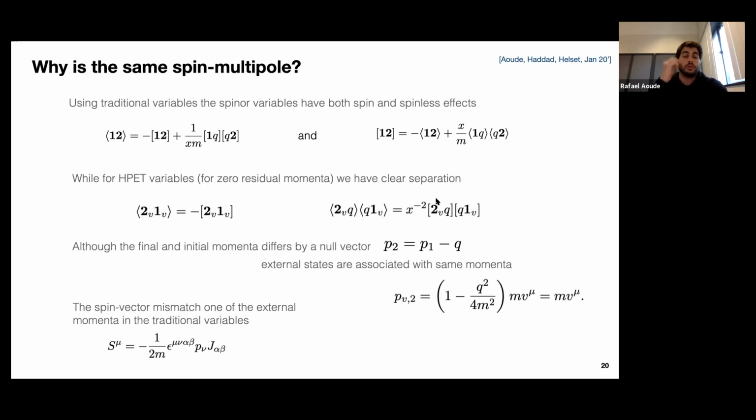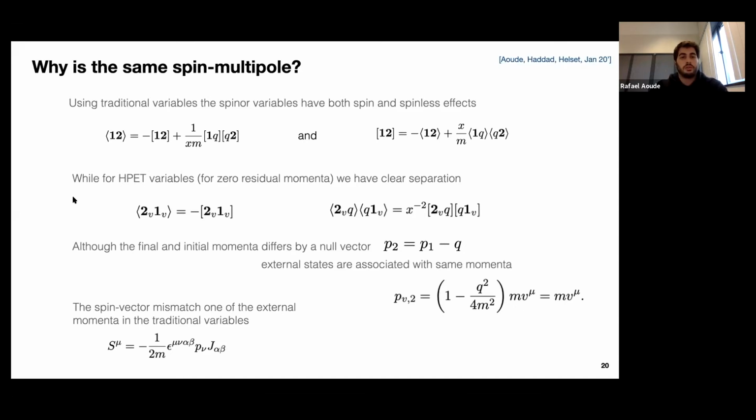Another way to see this is that even though particle 1 and particle 2, in this three-point amplitude, differ by a null vector, the external states, these HPT variables, are related with the same momentum, because the momentum of P2 will be proportional to the same velocity as the momentum of P1 by a factor which has a null vector, which will be 0. So it is the same momentum.